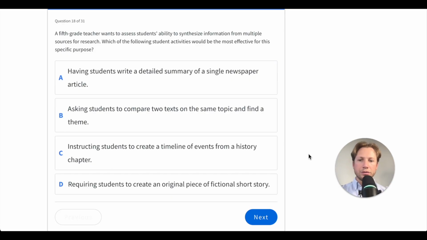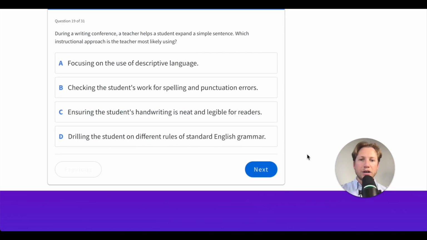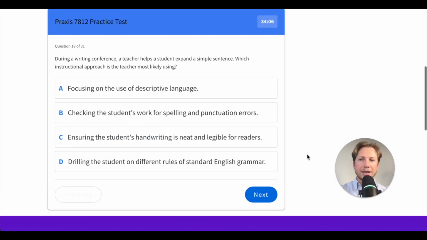What are you going to choose? All right, so remember that synthesizing requires combining information from multiple sources in order to create a new understanding, which is exactly what comparing two texts to identify a common theme entails. For that reason, I'm going to go with answer option B. Let's click it and move on to number 19.